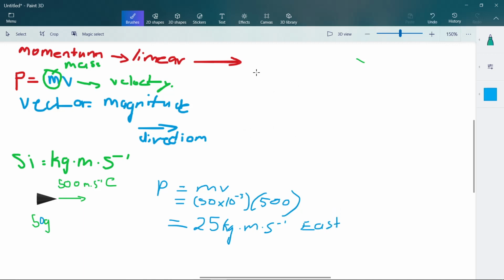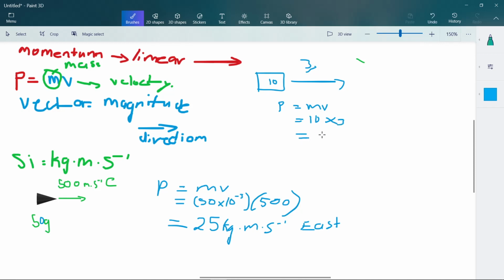Another example: we have a 10 kg crate, also traveling east, at a velocity of 3 meters per second. The momentum of this block is the mass multiplied by the velocity, so 10 kg multiplied by 3.